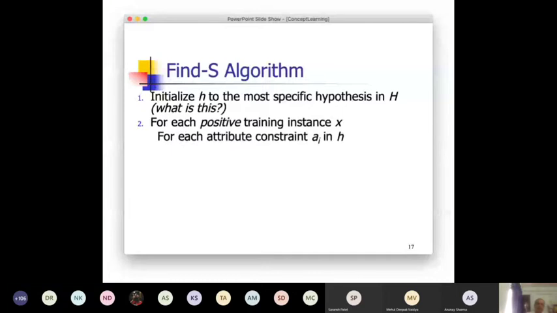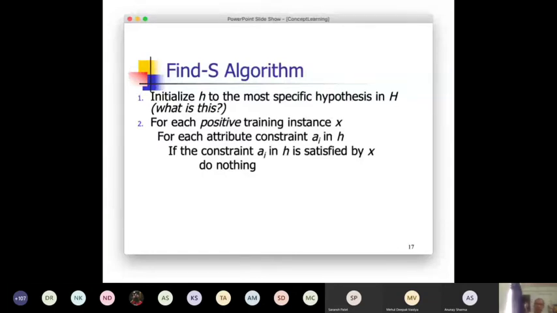And so in this case, for each attribute, this is how you do this particular kind of generalization. You check every attribute constraint AI in H, and if the constraint AI in H is satisfied by X, then you should not do anything, because that means X is going to satisfy H, at least from the perspective of the attribute AI.